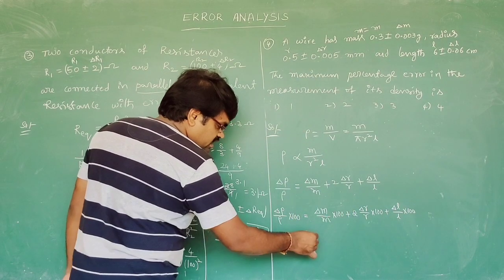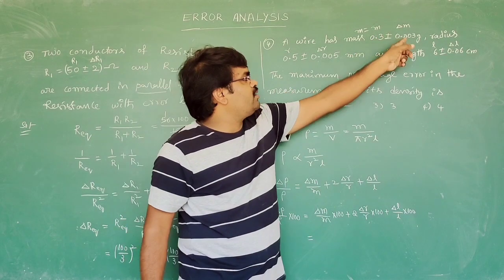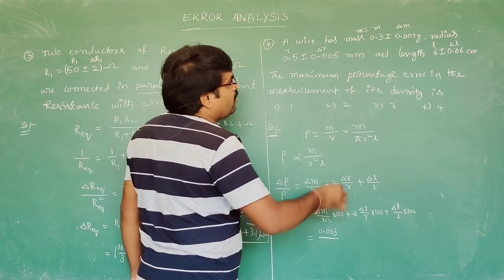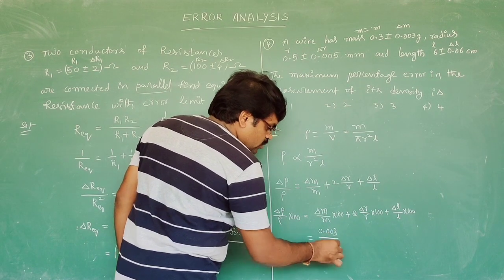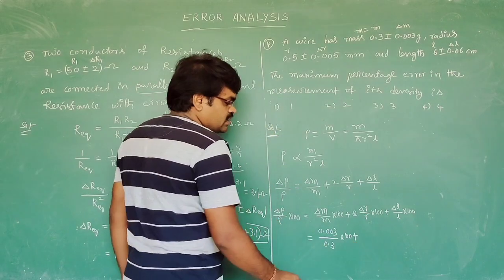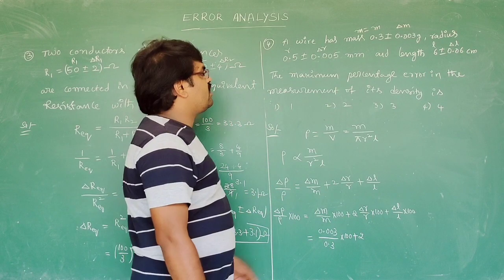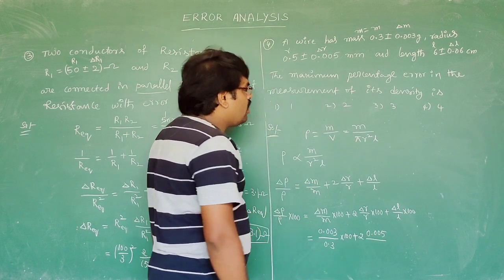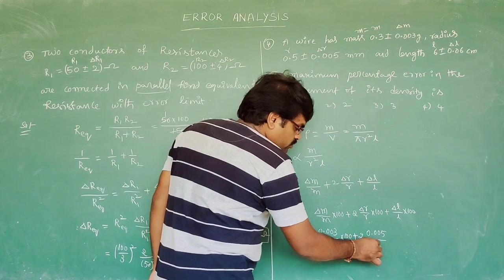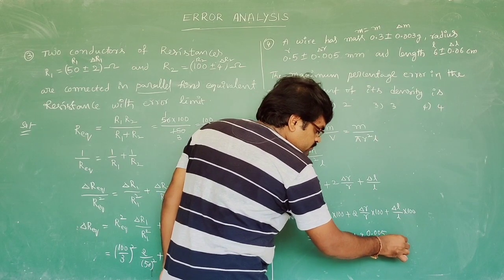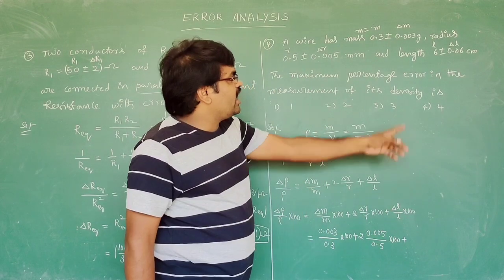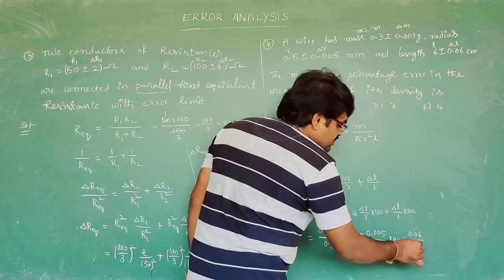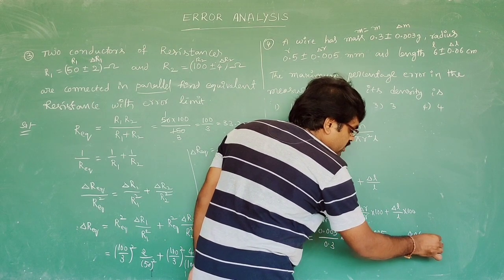So very simple. What is delta m? 0.003 by m 0.3 into 100 plus 2 into delta r. Delta r is 0.005 by r 0.5 into 100 plus delta L. Delta L is 0.06 by L 6 into 100.